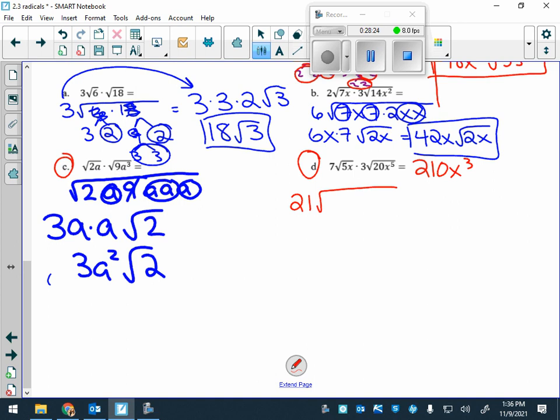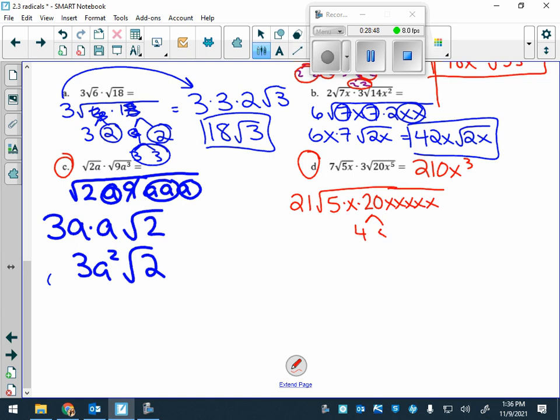Now in this particular case, 5 and 20, if you kept it and expanded it out this way, which I saw a lot of you do, which is fine, 5 times 20 is 100, and the square root of 100 is 10. You could have done that, but it's fine.